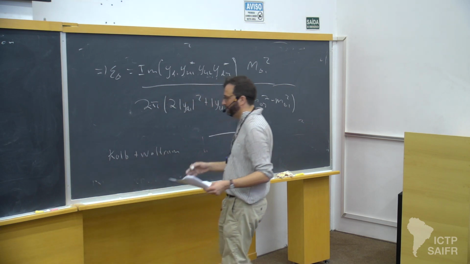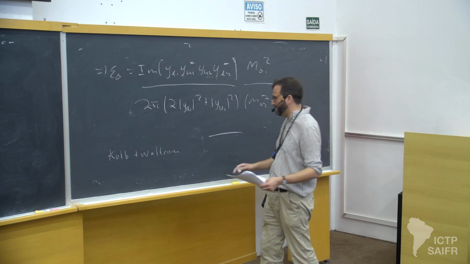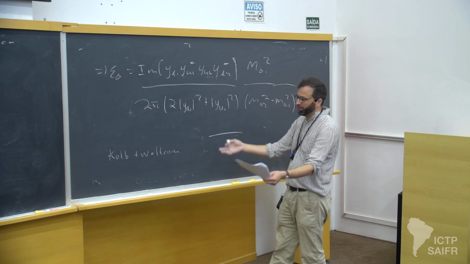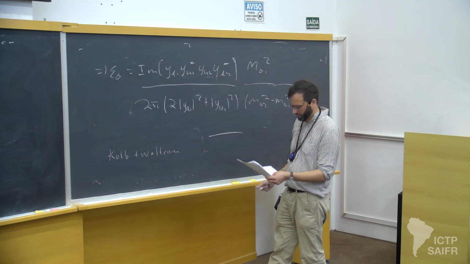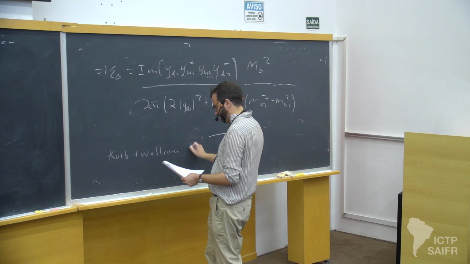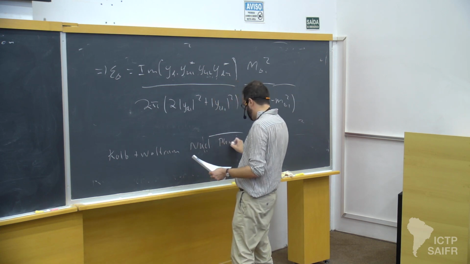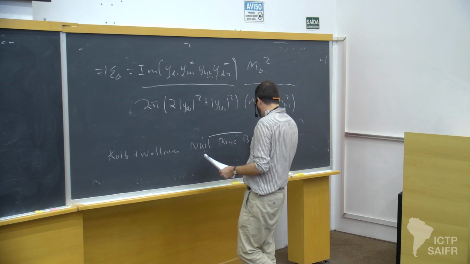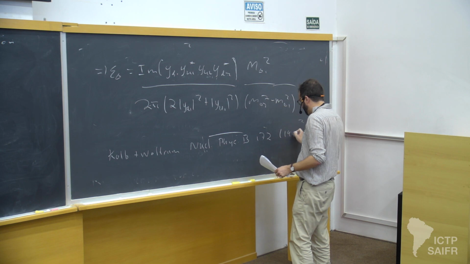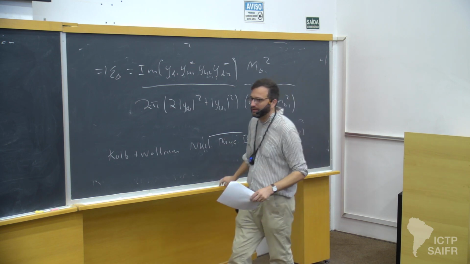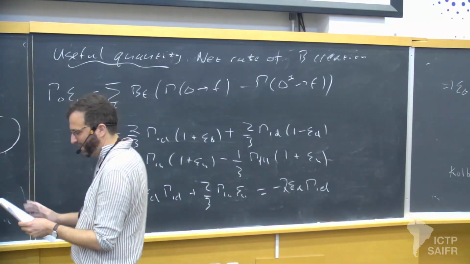It's a very generic setup explaining baryogenesis from decays, and of course, leptogenesis is perhaps the most relevant realization today. It's Nuclear Physics B172 from 1980. I didn't have time to talk about those details, but I thought I'd mention it.